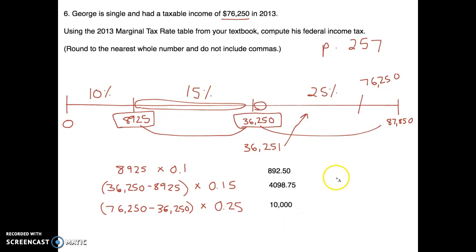And then if we add them together, we're going to get $14,991.25. And on all these tax problems, we always round to the nearest dollar. We don't do the cent. So on this one, we'd end up with 14,991.